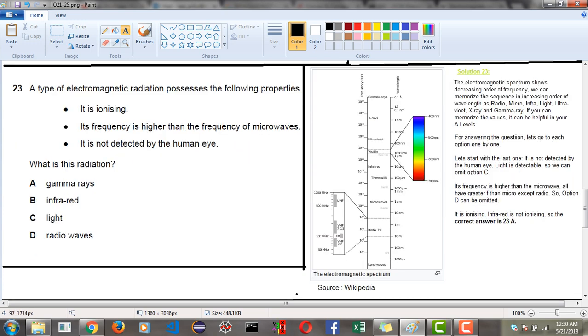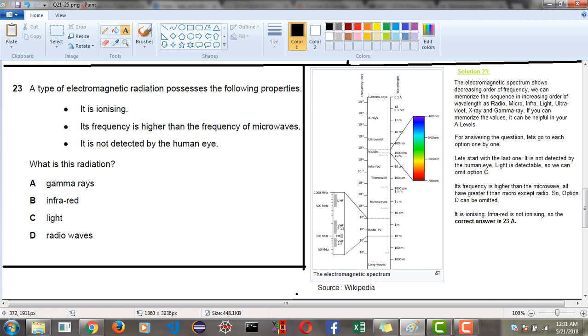Now question 23 tells us, a type of electromagnetic radiation possesses the following properties. It is ionizing, its frequency is higher than the frequency of microwaves, it is not detected by the human eye. What is this radiation? Okay, for solving this question we can go like this.